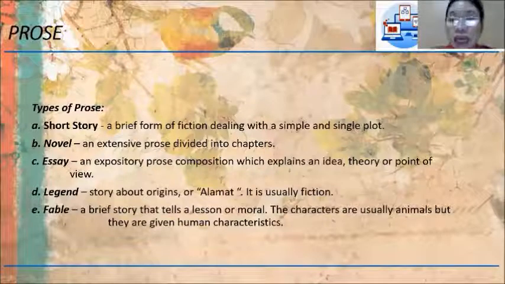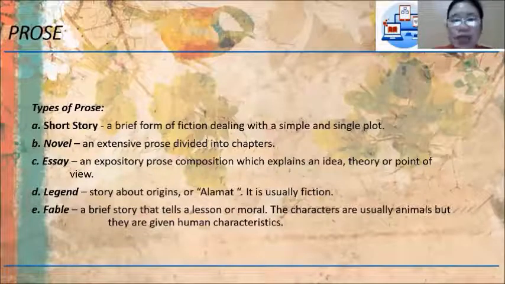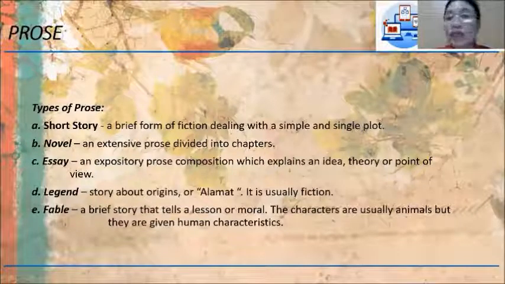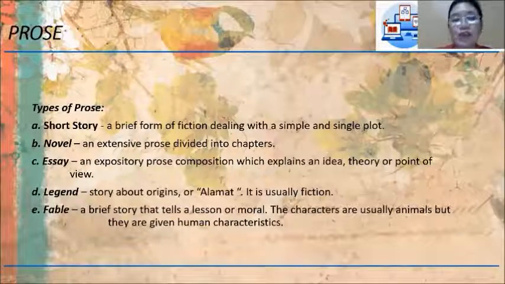These short stories were written by famous Filipino writers. I gave Tagalog examples because we are talking here of Philippine literature.